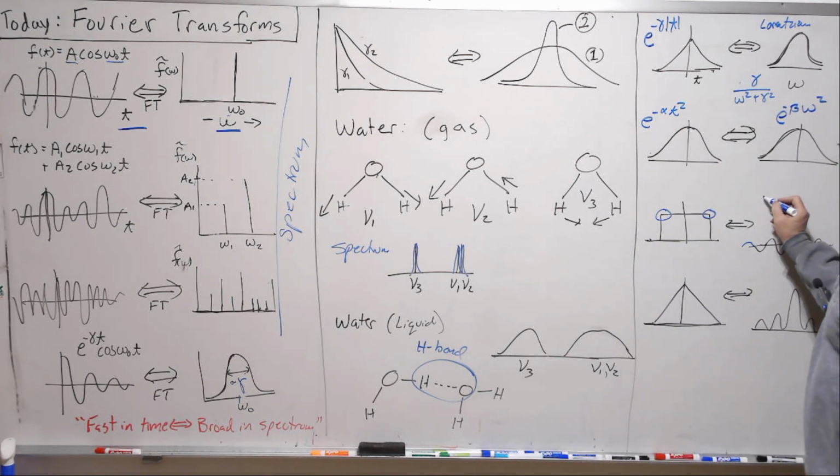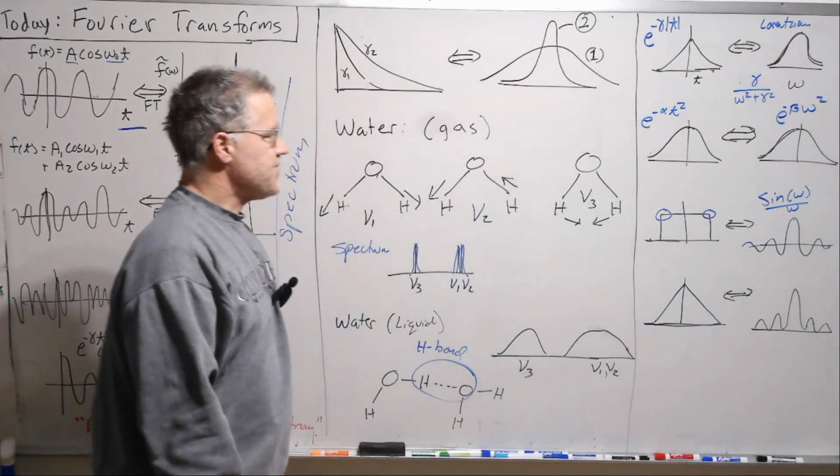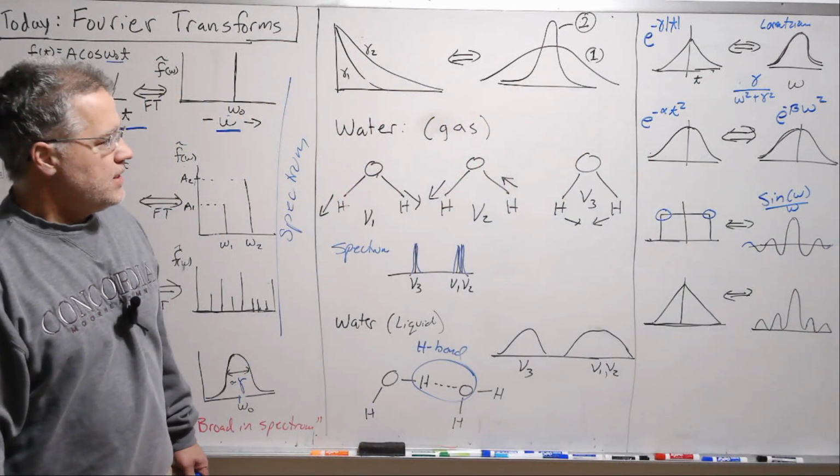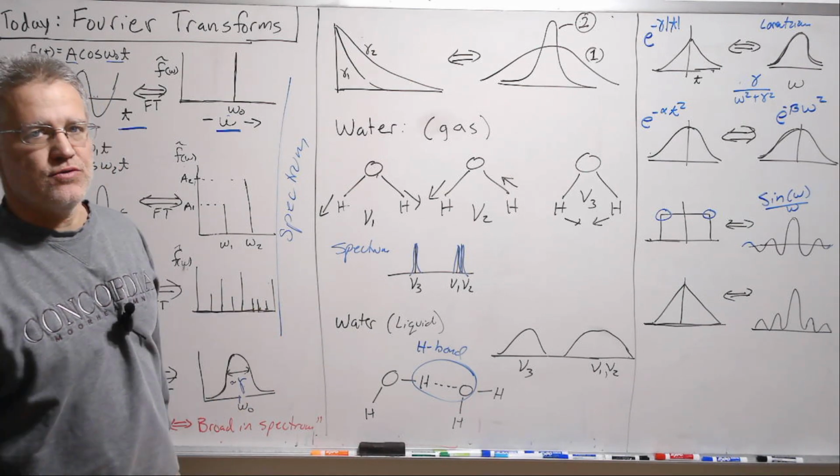And this is called a sinc function. In shorthand, it's sinc omega, but what that really is is sine omega over omega. So a window function gives rise to a sinc function.